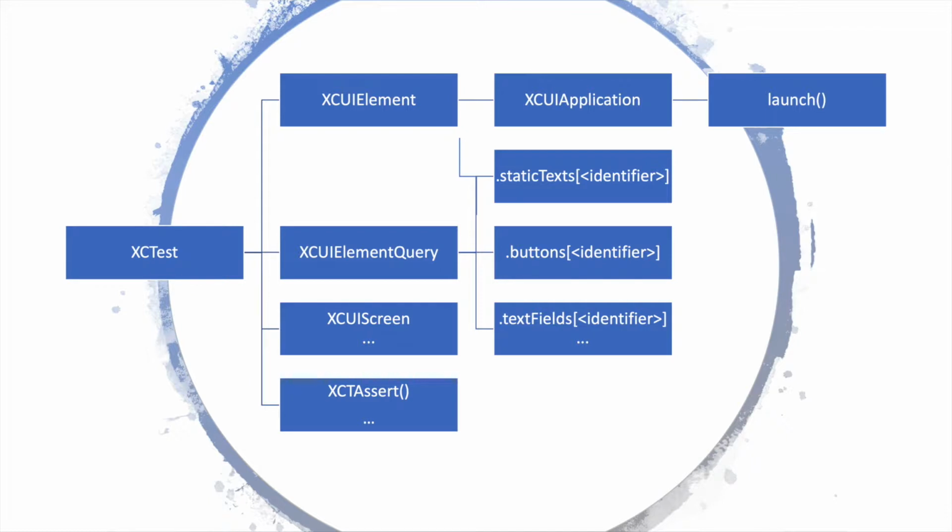How it does it, you don't really need to know, mainly because what XCTest provides is some pre-rolled queries, which we can see here with these stack texts and buttons and text fields, and there's various other ones for different types of elements that you can get within an application. Things like tables, for example.